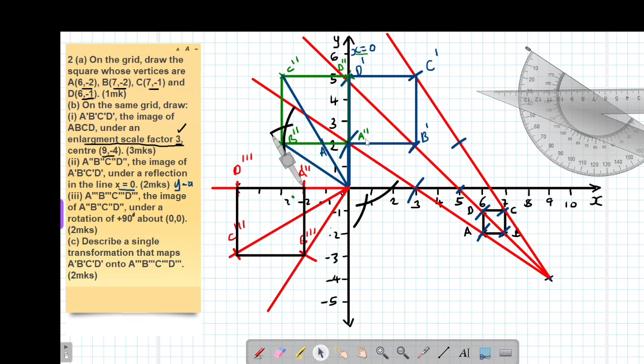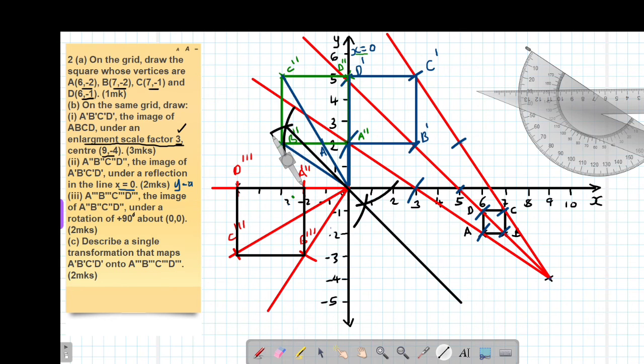Remember, you can use either point A or B or C. The line is supposed to be the same. So once you have that, you join this particular two. We are going to join the points of intersection of these two particular lines this way.